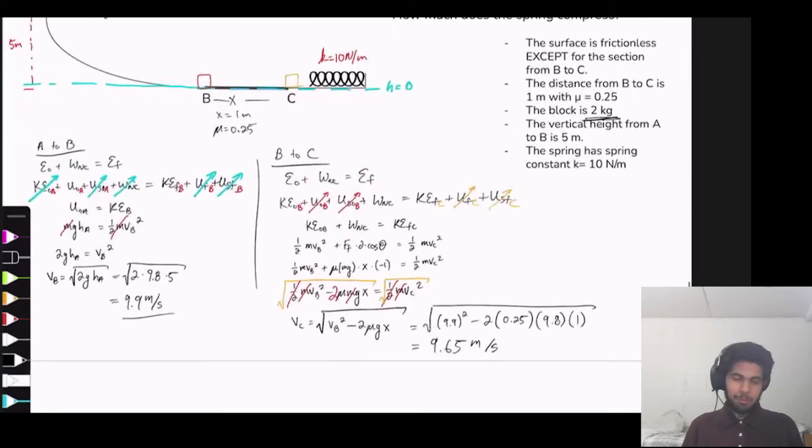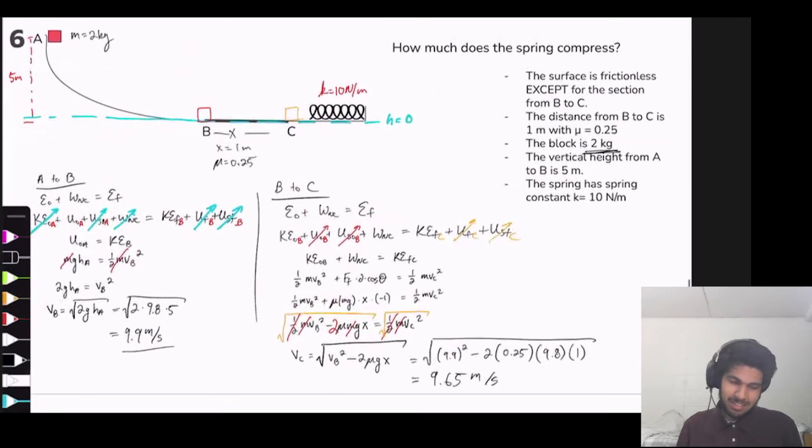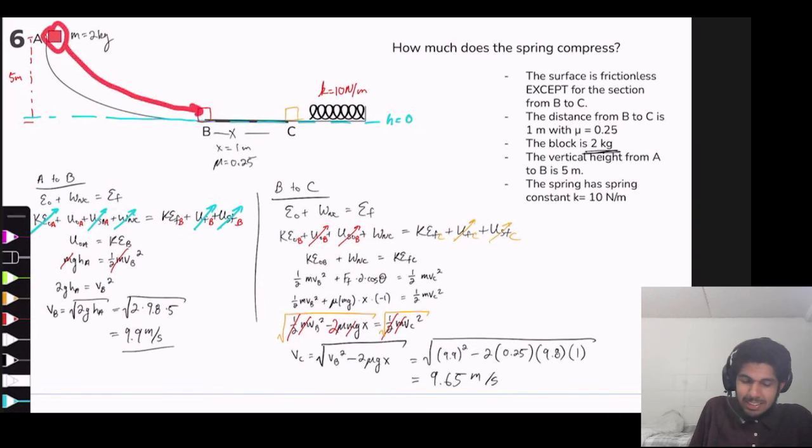So right now it seems kind of willy-nilly that we're just solving for velocities all of the time, but we kind of want to figure out how the spring compresses, and we haven't really been doing that. We've just been finding velocities, but the progress that we're making is that now we know what happens to the block as it goes down to here.